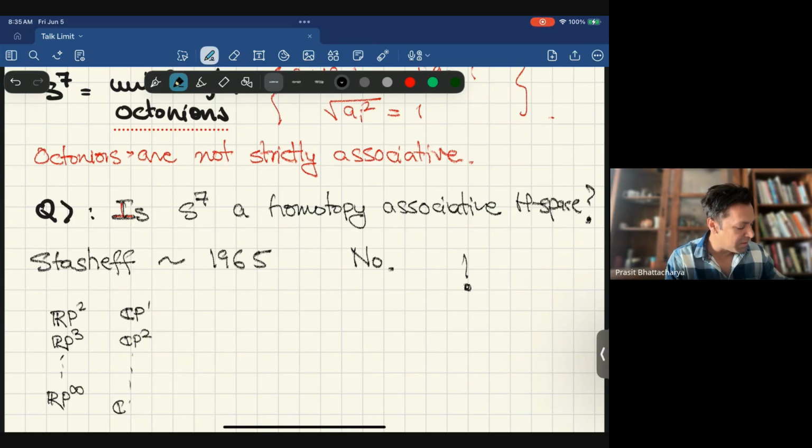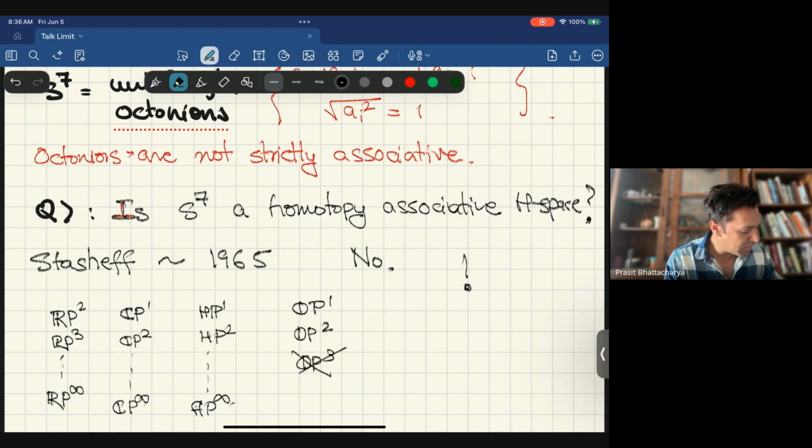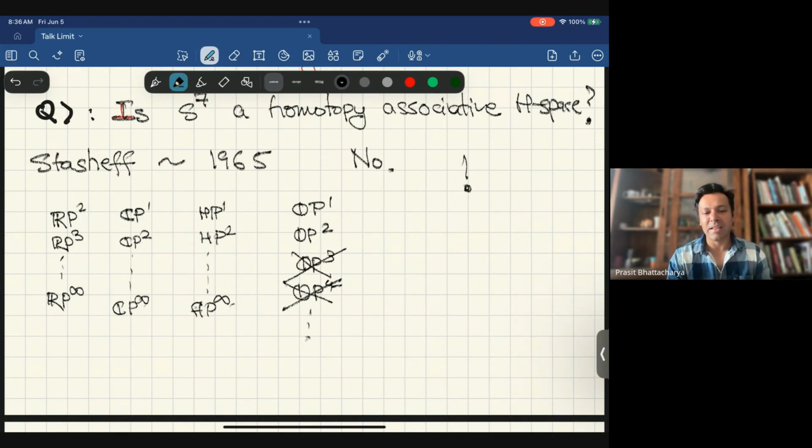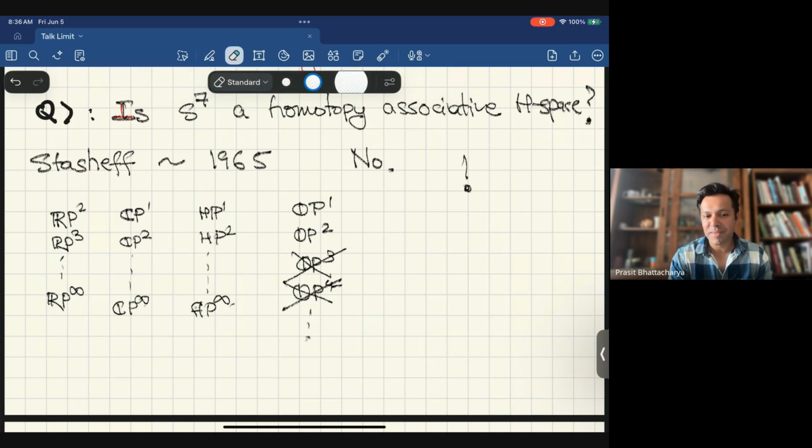You can go up to CP infinity. Similarly, you can also do HP1, HP2, up to HP infinity. All of these spaces exist. But with octonions, you have OP1, you have OP2, but there is no OP3. You cannot define anything beyond OP2. That's all that you're allowed. This is a consequence of this result.